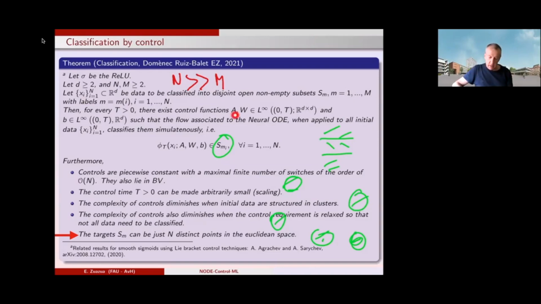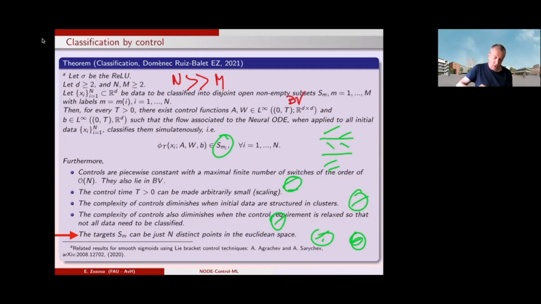There are matrices that, of course, are L infinity in time. Actually, they are piecewise constant. They are also in BV, the class of BV. They are not continuous because they are jumping, but they are in BV.